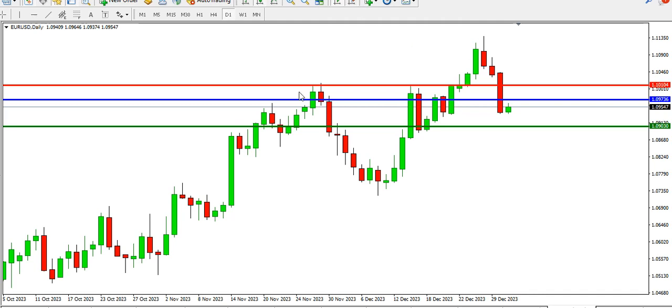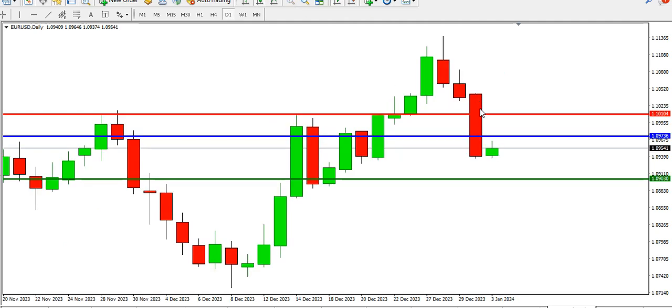On the daily time frame, we can see that yesterday's candlestick is an institutional candle, and we have like three black crows. Okay, this is a reversal candlestick pattern.